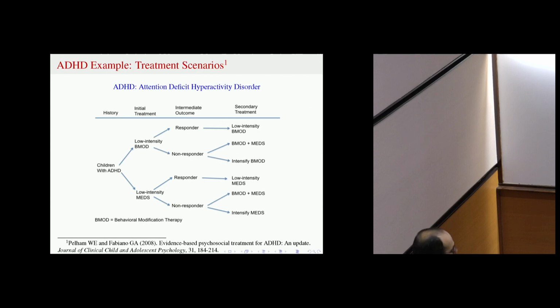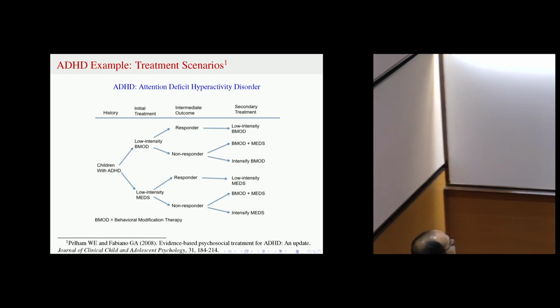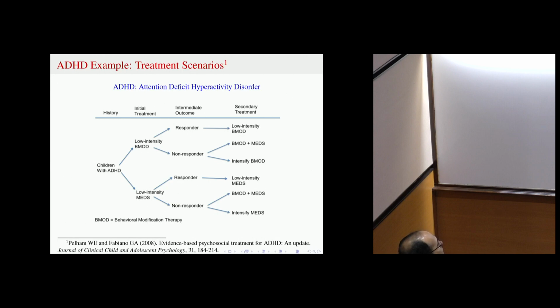Children with ADHD typically can have two different treatment options initially: either a low intensity BMOD, which is behavioral modification therapy, or a low intensity medicine. So one is entirely behavioral, one is drug, right?